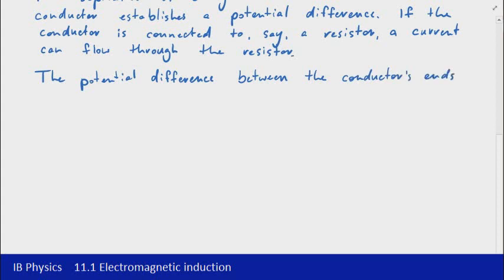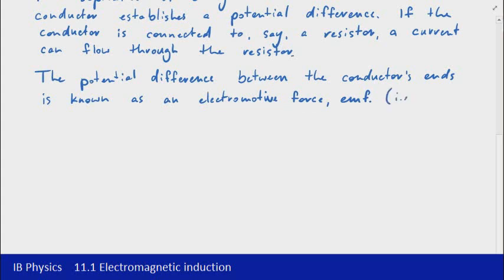That potential difference is known as an electromotive force. That usually gets abbreviated to the letters EMF. So whenever you see those letters EMF, think that it's a potential difference. So steer away from the idea of it being a force. It's not actually a force, it's a potential difference.